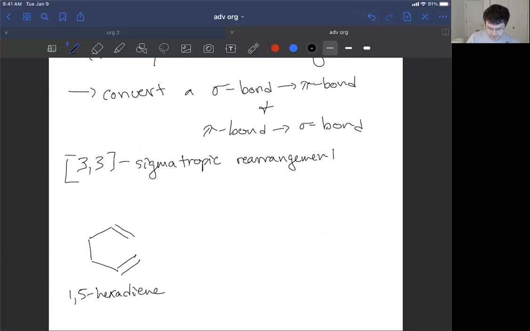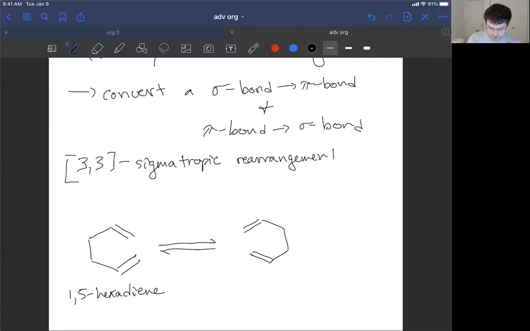In this 1,5-hexadiene, we can apply heat or light to force the equilibrium to occur where these two structures intermix with each other.